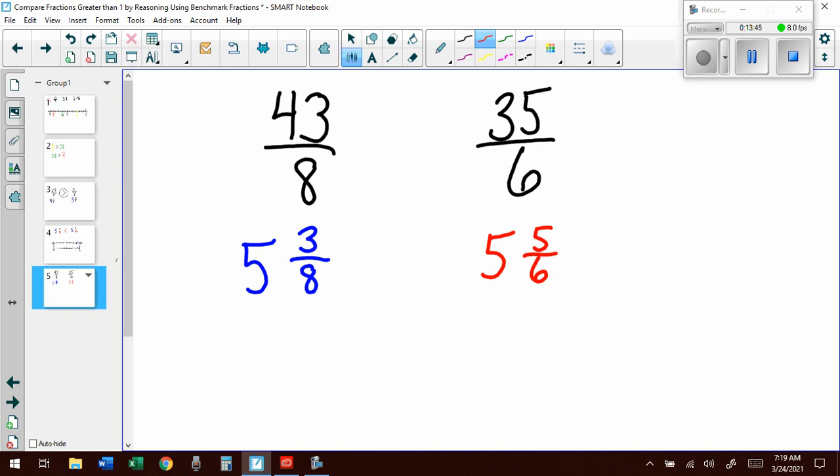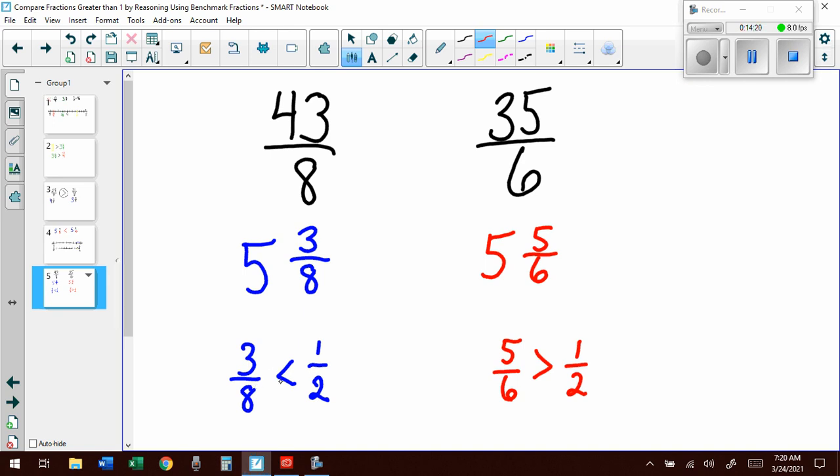So just by reasoning with our benchmark fractions, we can see here that 3/8 is less than 1/2. And 5/6 is greater than 1/2. And our whole numbers are the same. They're both 5. So that's why we were able to look at the fractions.